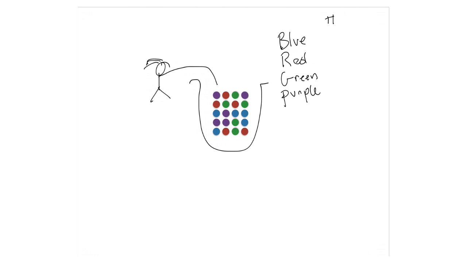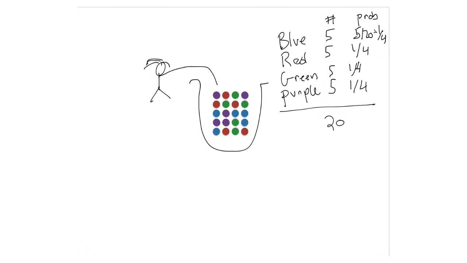And the number of each color, I have 5 blue, 5 red, 5 green, 5 purple. And so the probability, well, let's say I've got 20 in total. So the probability of getting a blue is 5 out of 20, which is 1/4. And so the probability of getting a red is 1/4, and the probability of getting a green is 1/4. And the probability of getting purple is 1/4.